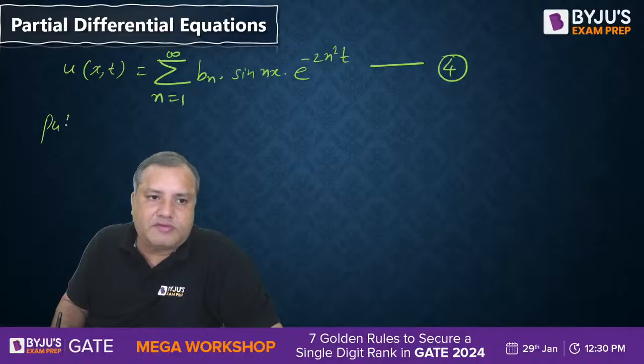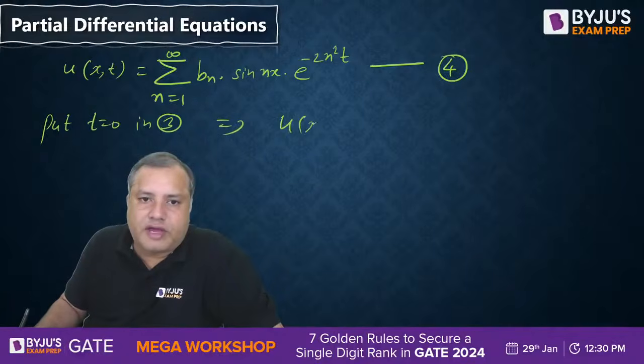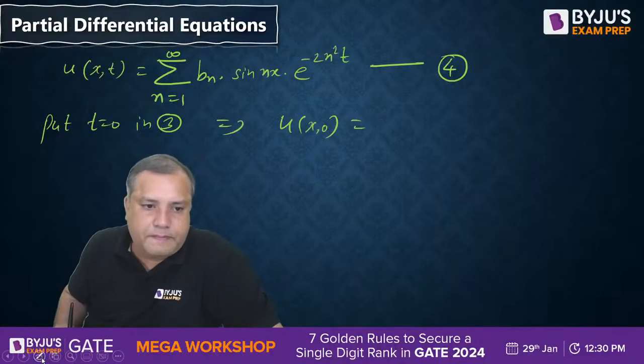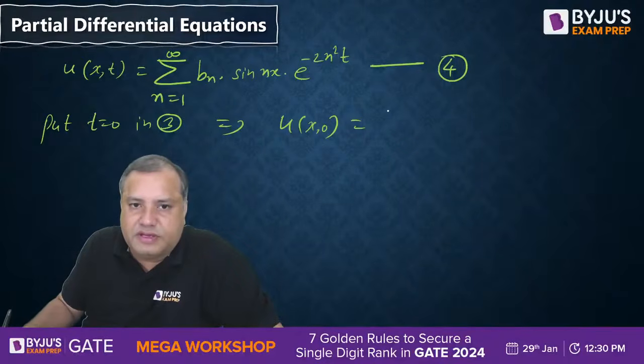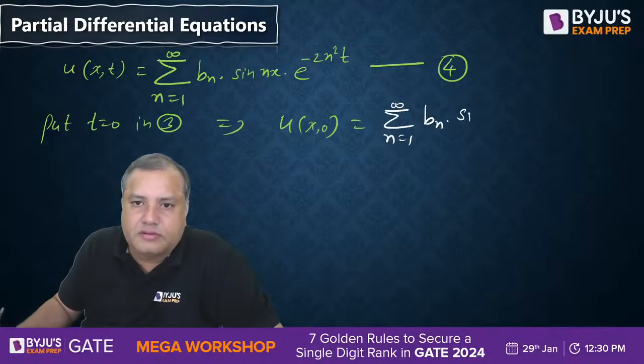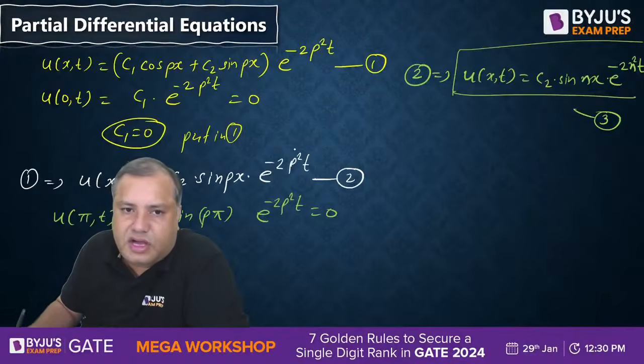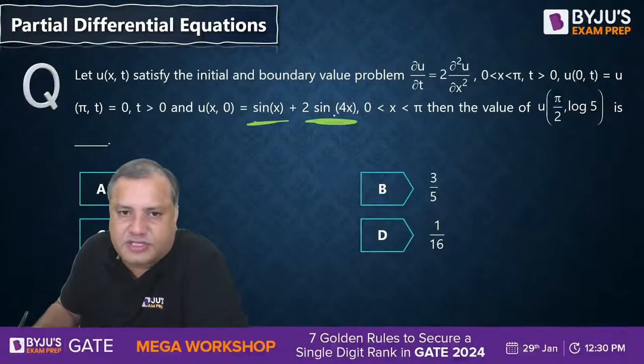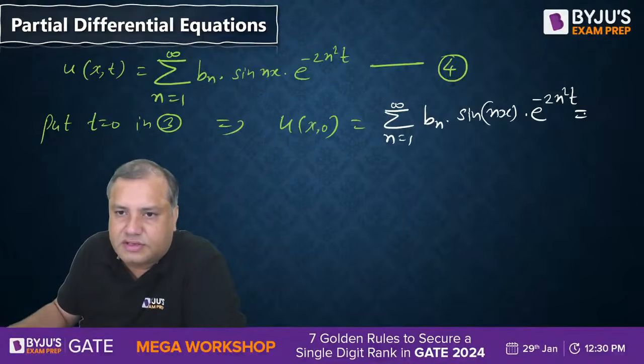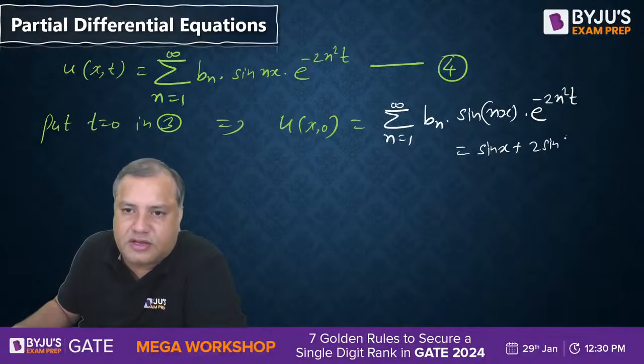Now here I am putting t equal to 0. So u of x comma 0 will be summation n equal to 1 to infinity bn sine nx e to the power minus 2 n square t, and this is given as sin x plus 2 sin 4x.